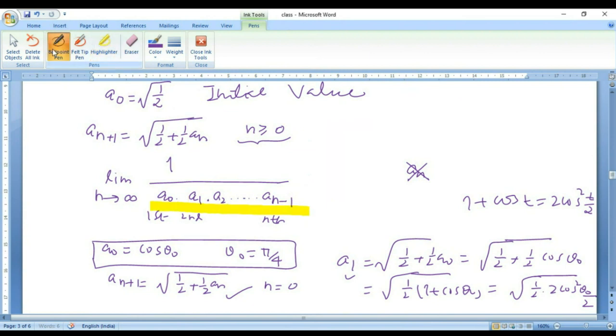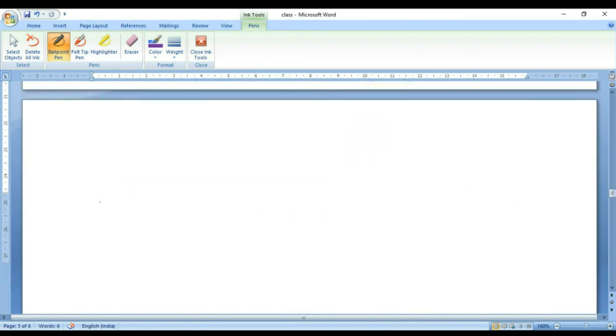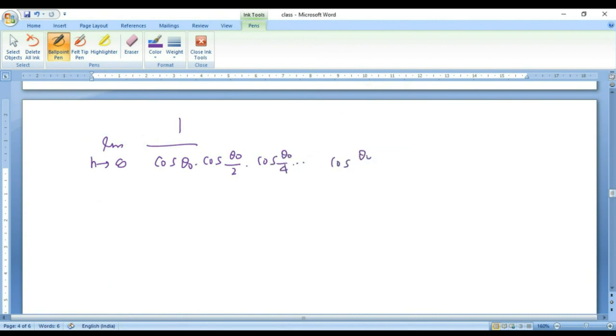So we go back, and then again we go forward now. So we'll get the limit of this. We want now the limit as n tends to infinity of 1 upon cos of theta naught over 2, cos of theta naught over 4, and all the way to cos of theta naught over 2 to the power n minus 1.